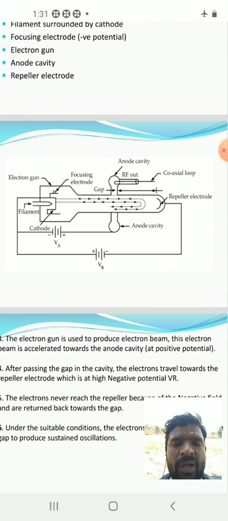The electron gun, filament and cathode are used for generating the electrons in the vacuum tube. The repeller electrode is at a very high negative voltage compared to the cathode input, and the anode cavity is at positive potential.